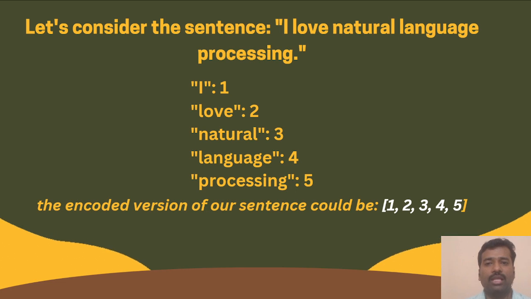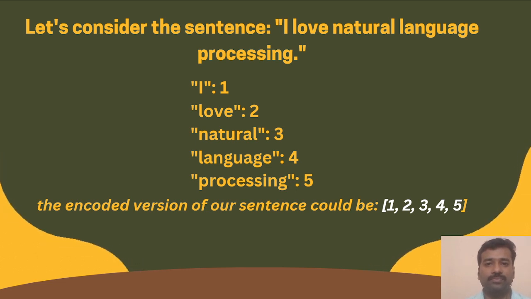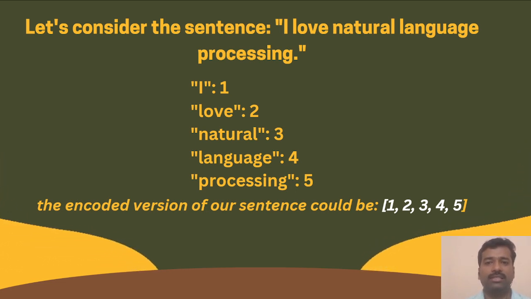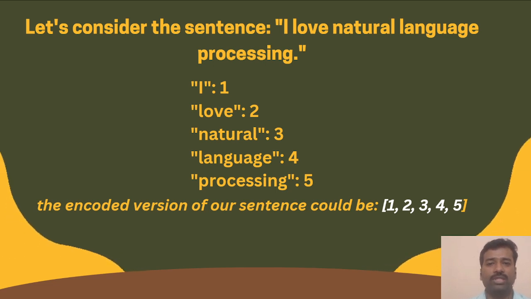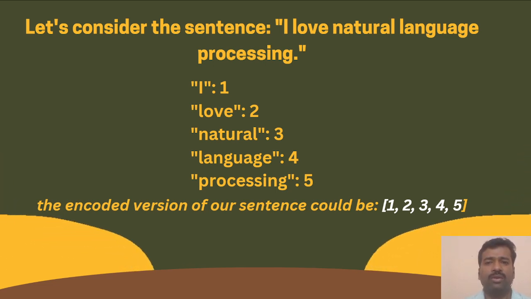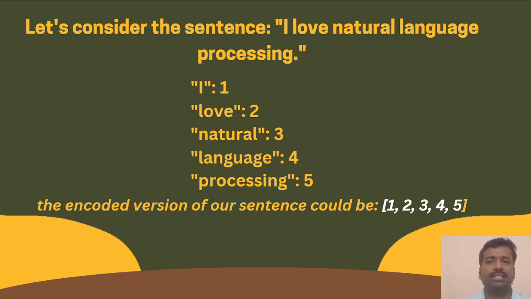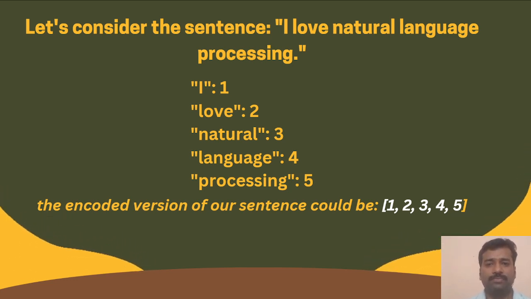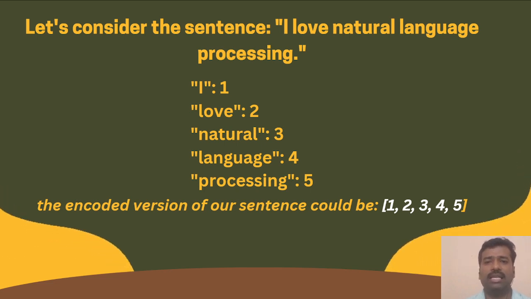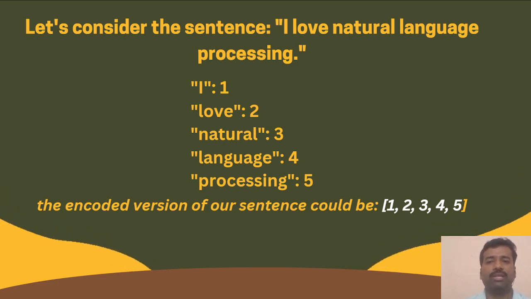Now, let's take one example. Let's consider the sentence, I love natural language processing. If we apply a simple encoding, we represent this sentence in a numerical format. For simplicity, let's assign each word a unique number.